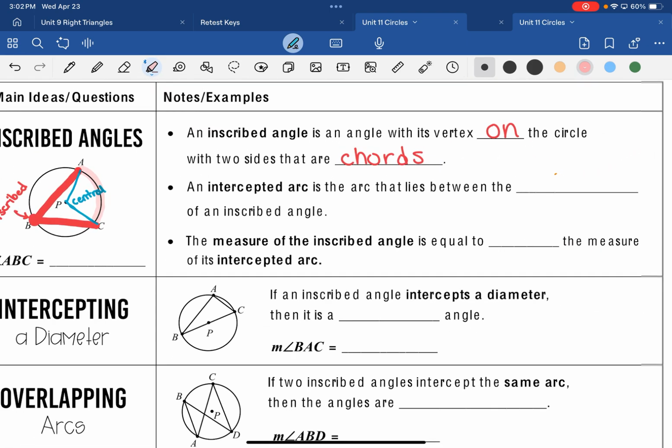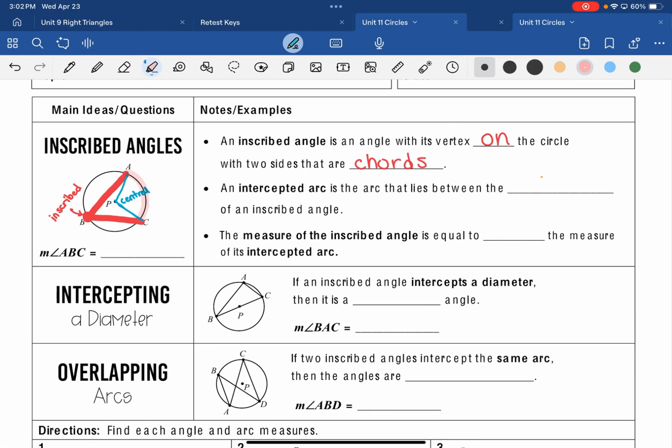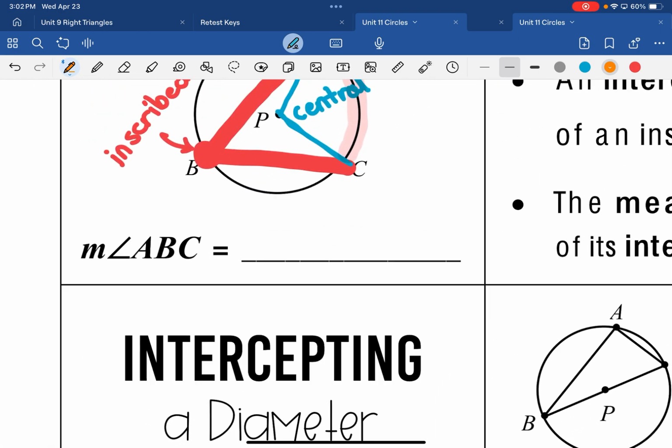Okay, so the intercepted arc is an arc that lies between the sides of an inscribed angle. And we just talked about how, when we're actually finding that degree, the inscribed angle is half of the measure of the arc. So over here we have ABC.